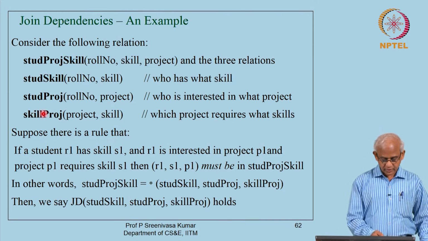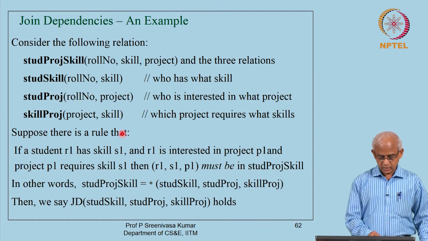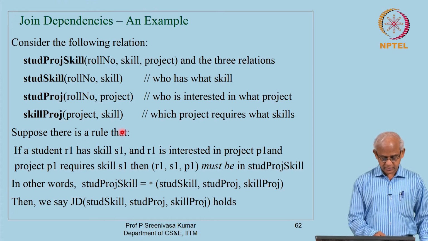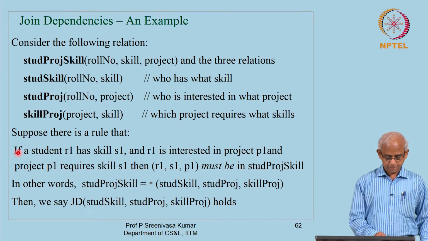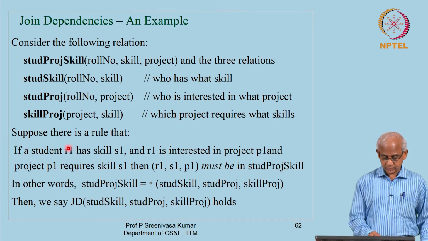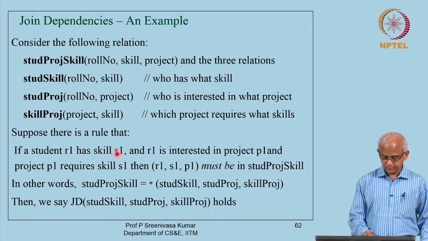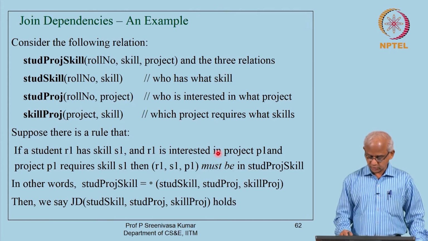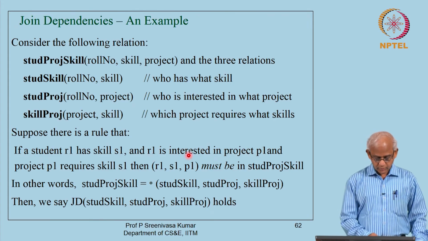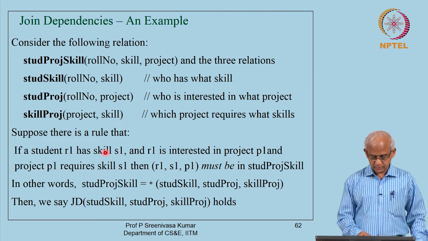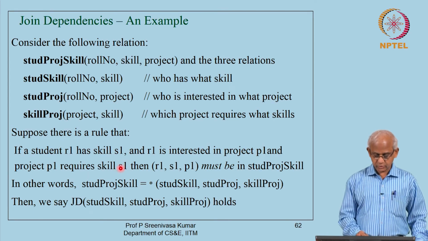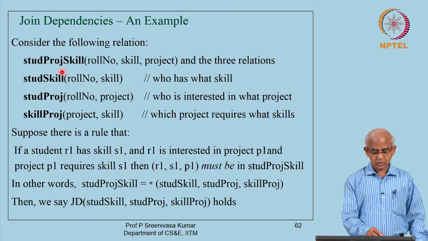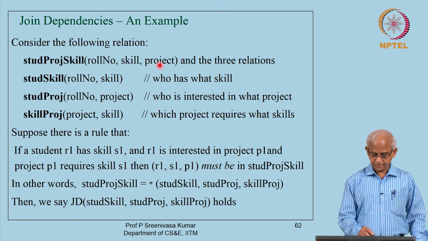Now, these are the three individual relations that can be considered within this context. Now, let us say there is a particular rule or situation that prevails, which says something like this: if a student R1 has a skill S1 and the student R1 is indeed interested in project P1 and project P1 requires the skill S1, then it should be the case that R1 S1 P1 must appear in our student project skill relation.